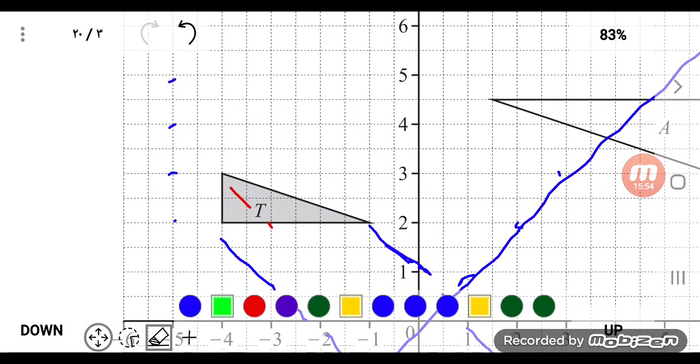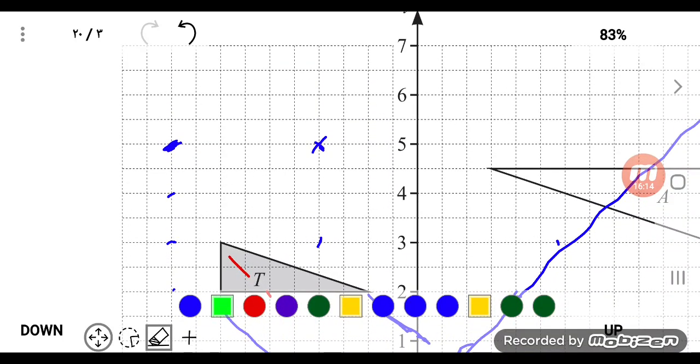So the first point becomes here. Let's take this point, -1, 1, 2, 3. This point becomes here. Now this point, -1, 1, 2, 3, it becomes here. Now you connect, of course using a ruler in the exam. Like this you got the translation -1, 3.